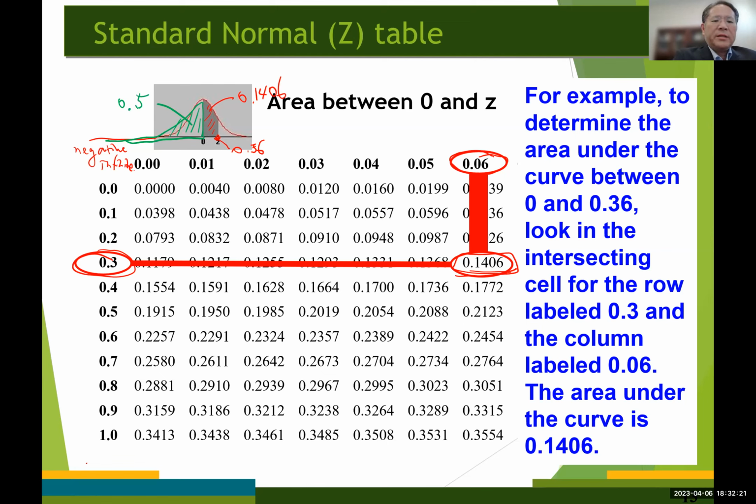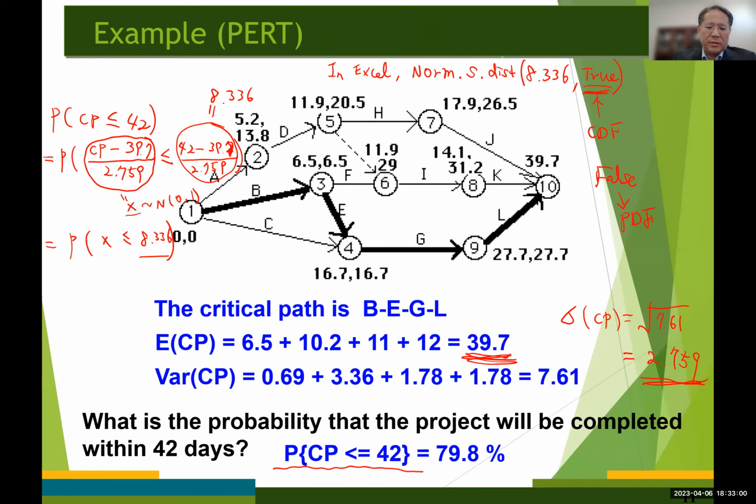So you just need to add 0.5 to this, which will give you 0.6406 something. So this value will be the same as the probability X is less than or equal to 0.36. And how about our case?